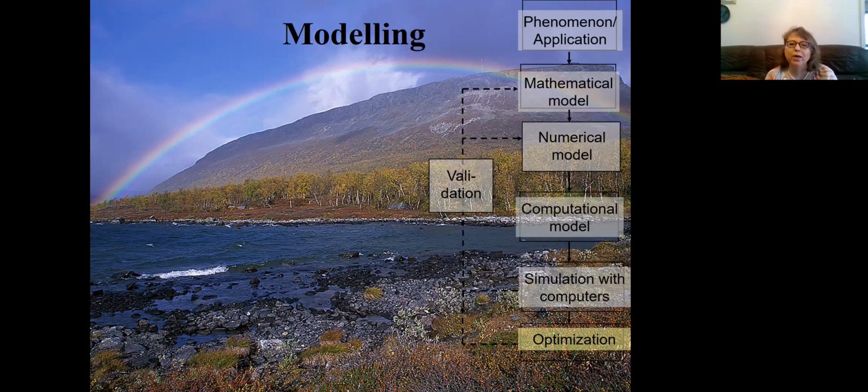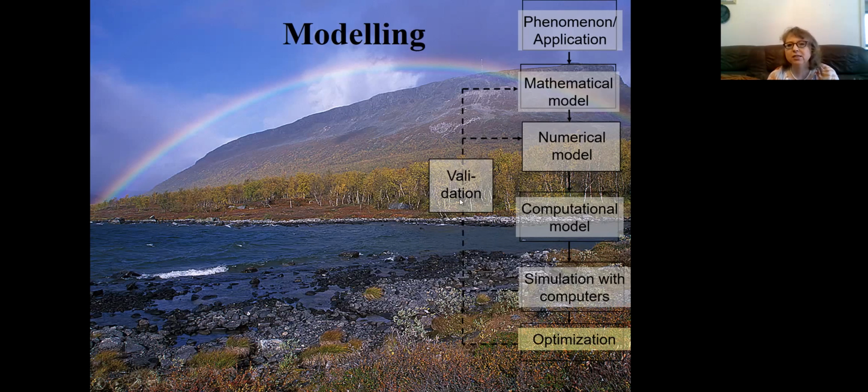And with that simulator, we can connect optimization and then start utilizing the models in terms of finding the most satisfactory solutions or optimal solutions. It can also be that instead of a mathematical model, we have data, and with data as a starting point, we introduce models to represent the data, and also from that we get a way to simulate the behavior with computers and utilize optimization.